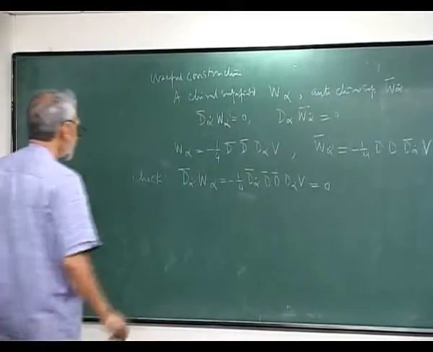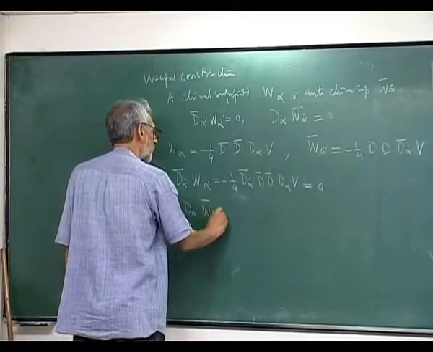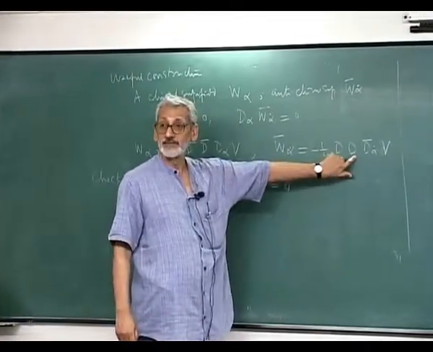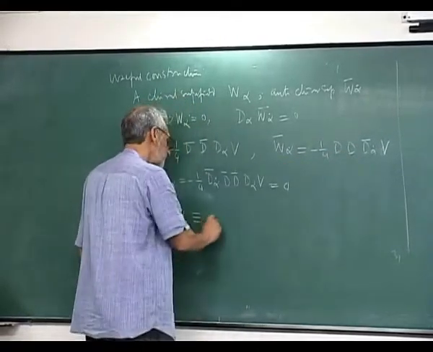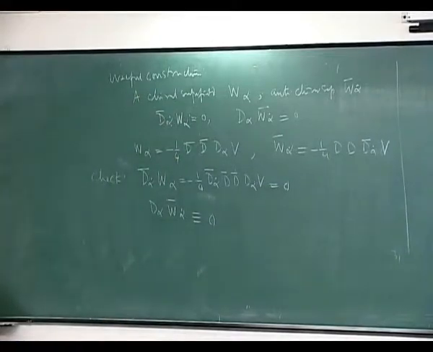Similarly, D alpha on W bar alpha dot, because there are 3 D's now, unbarred, is identically 0 by construction.